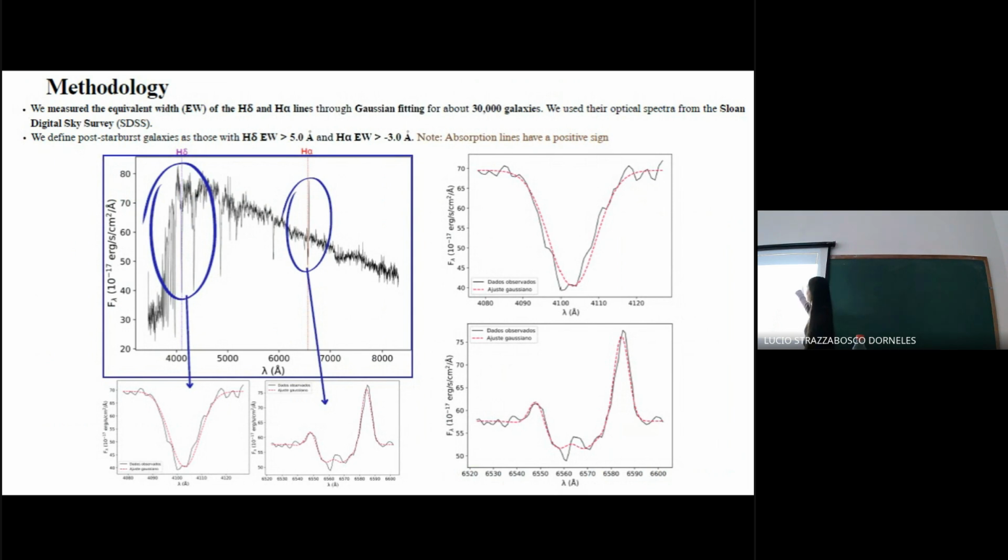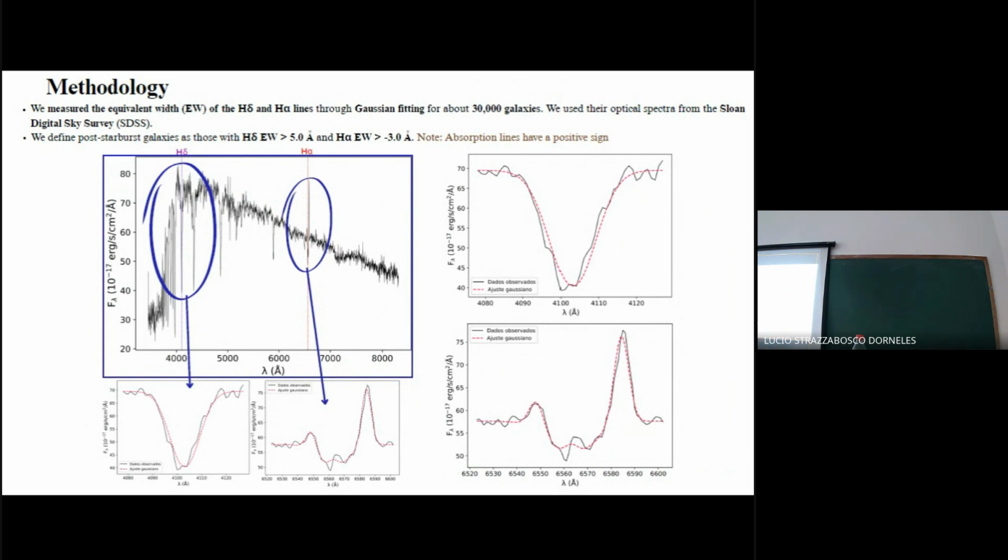So we divide the flux absorbed, the area here, by this continuum level, about 70. And so we have this EW of about 5. This is an example in which EW is about 6.